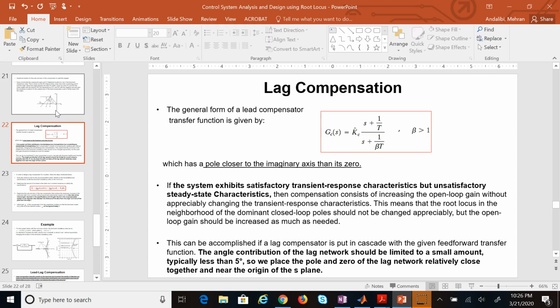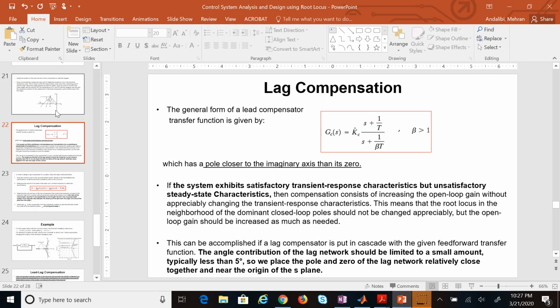So the goal of a lag compensator is to boost up or increase those numbers, Kv, Ka, or Kp. In this example, mostly Kv.